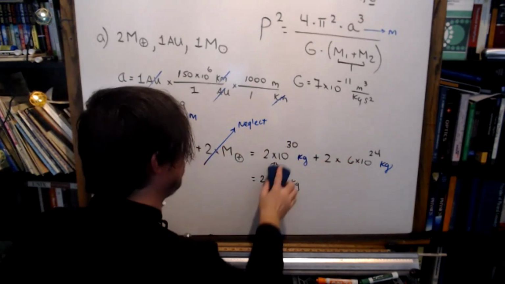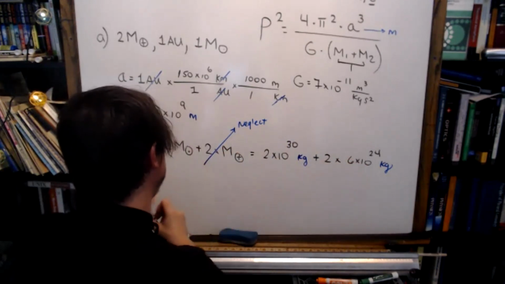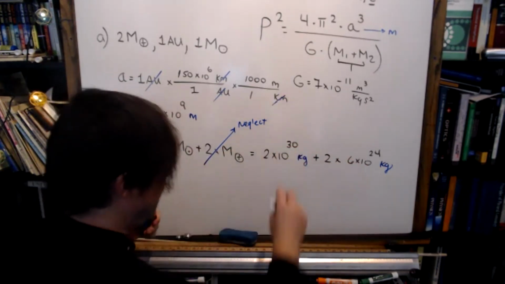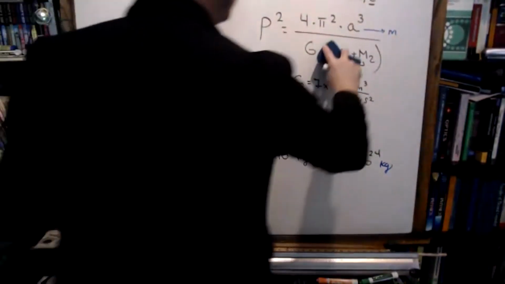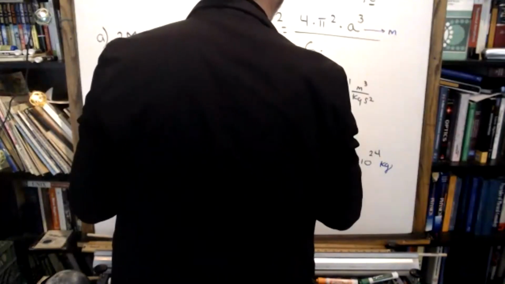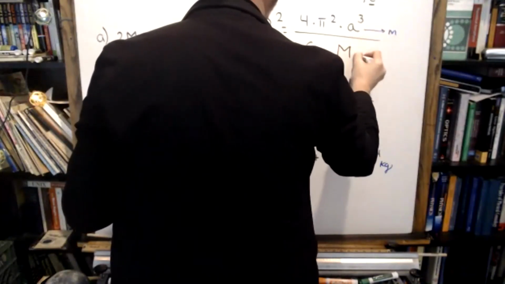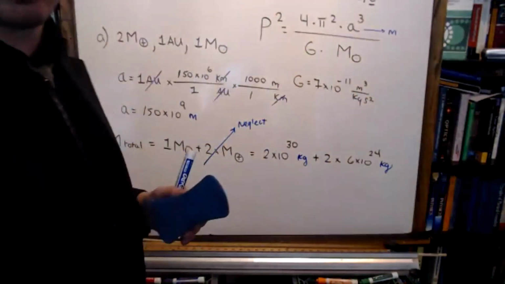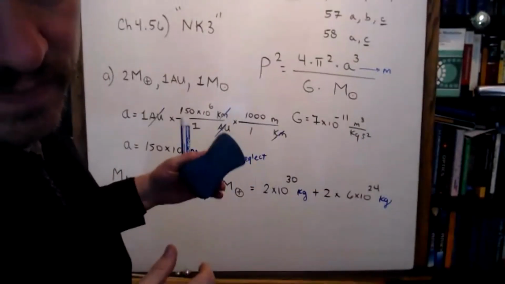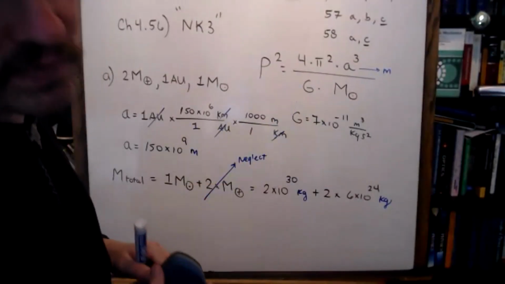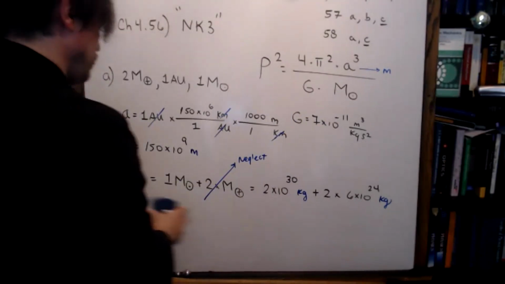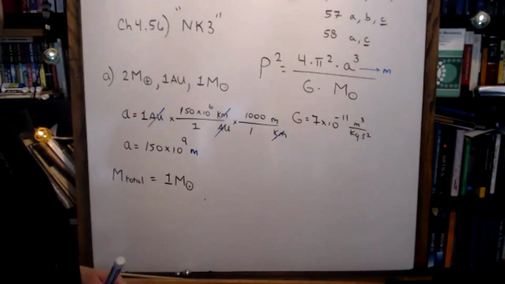So the trick is that M1 plus M2, the total mass, can actually just be approximated as the mass of the sun. And that's a trick that someone's got to show it to you your first time around. The total mass is basically just the mass of the sun.